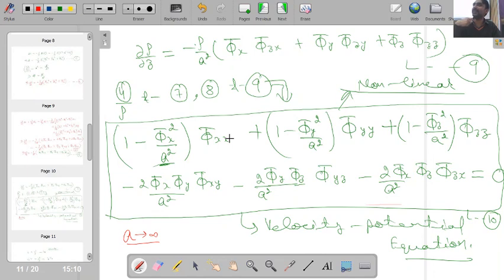Del square phi by del x square plus del square phi by del y square plus del square phi by del z square equal to 0. So same thing, when we introduce the assumption of incompressible flow over here, then ultimately what I am getting is nothing but the Laplace equation for the velocity potential function, which we have seen in our basic fluid mechanics.